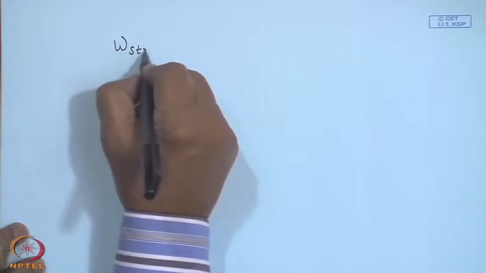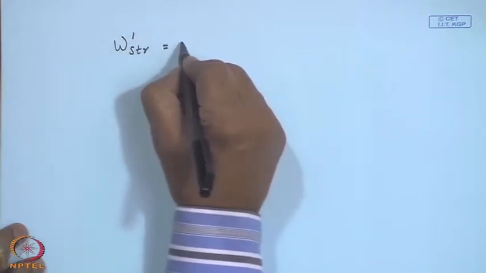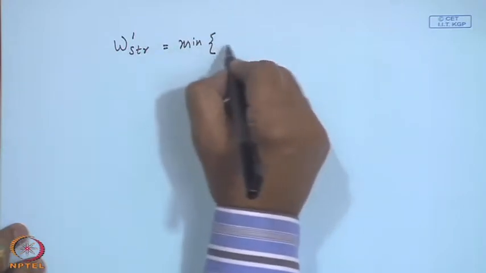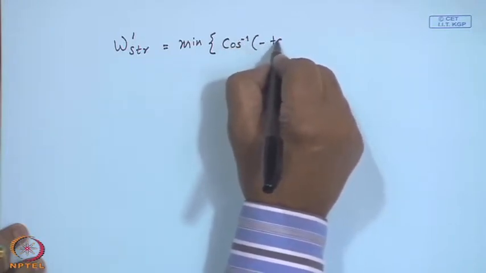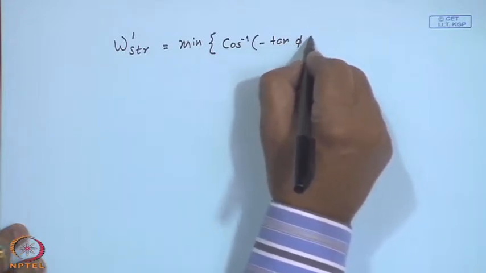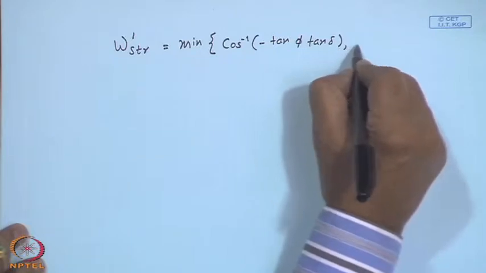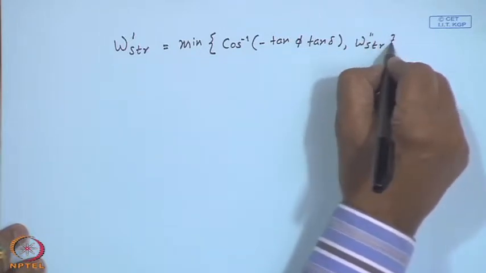So, you have got finally omega S TR dashed equal to the minimum of cos inverse of minus tan phi tan delta and omega S TR double prime.